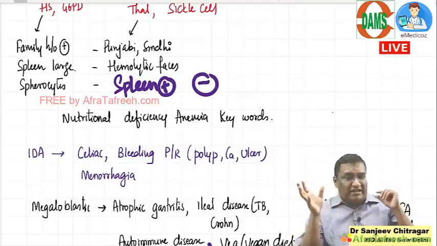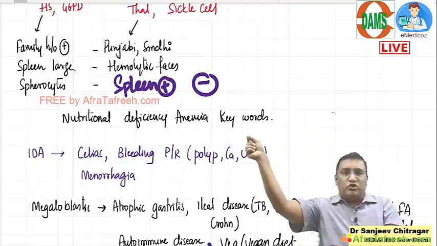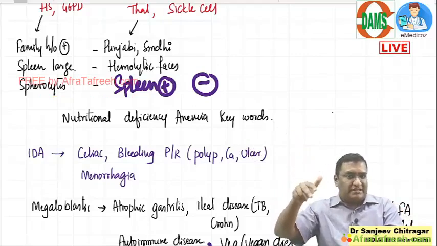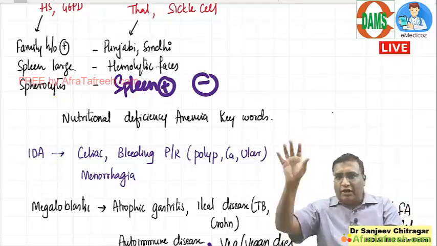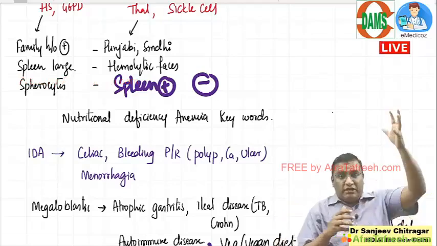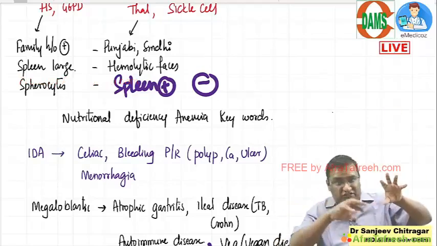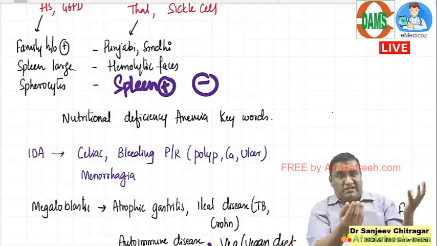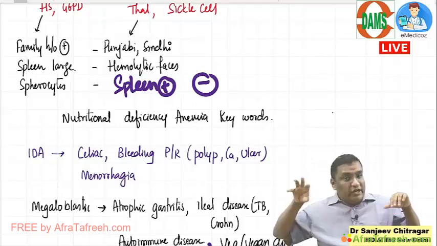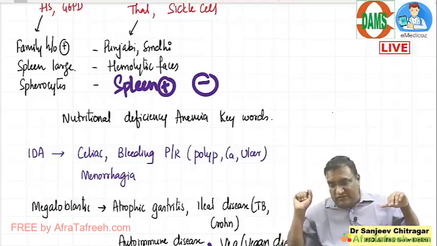Then you will start thinking, for example, which of the following is the most likely diagnosis? I will give you Crohn disease, ulcerative colitis, adenomatous polyp and Peutz-Jeghers polyp. And then, after that, I will give you a clinical history where I will show B12 deficiency is also there and iron deficiency is also there. Then do not make a diagnosis of other things. Others will have mostly only iron deficiency, and Crohn is the one which will be having both, right?